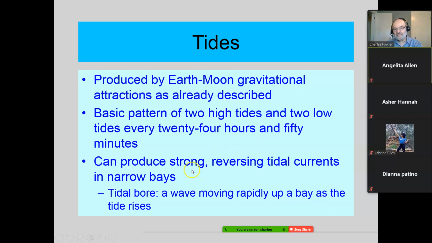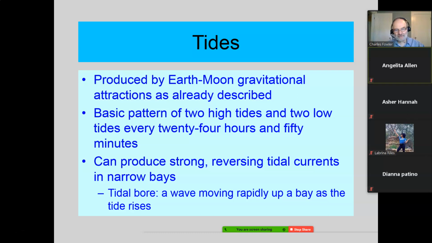Now, the tides can produce strong reversing tidal currents in very narrow bays, and we talked about the one in Nova Scotia, if I can remember the name of the bay there. I don't remember. We did it back in chapter 16.